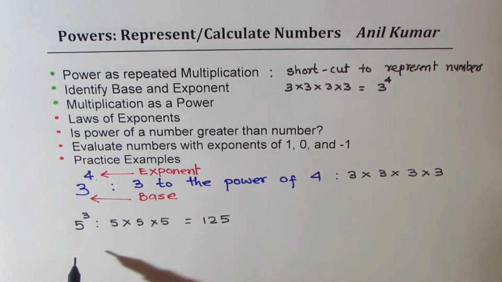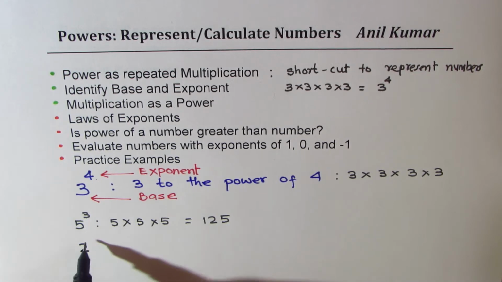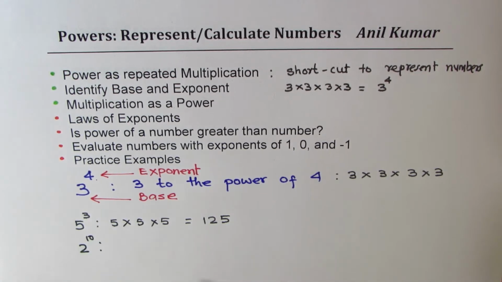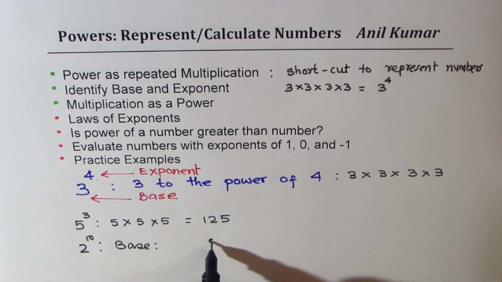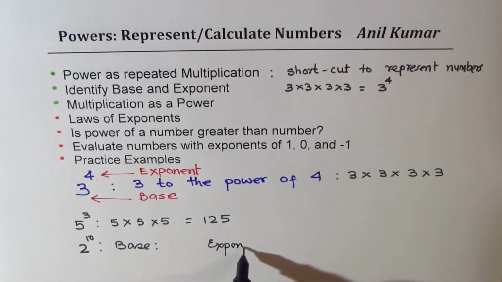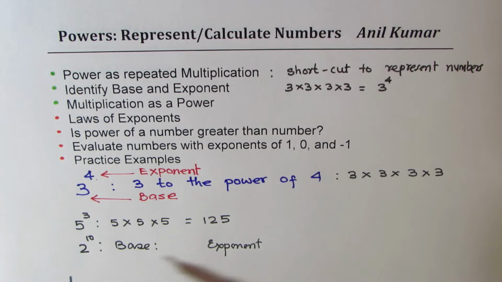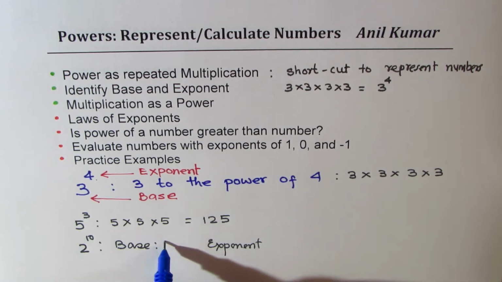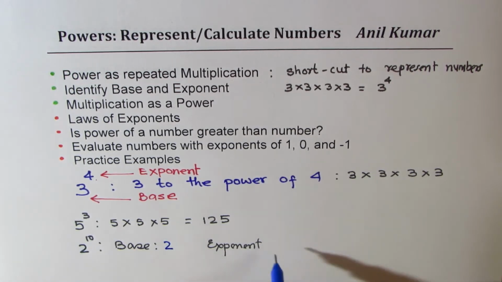If I write a number, let's say 2 to the power of 10, we know what the base is and what the exponent is. We know clearly that the base here is 2, and the exponent is 10.